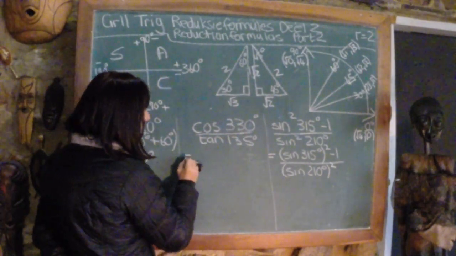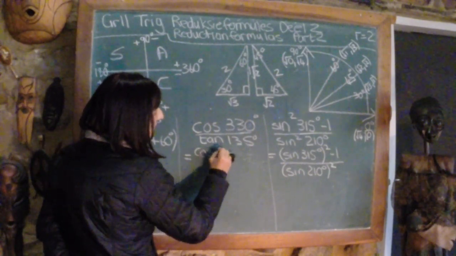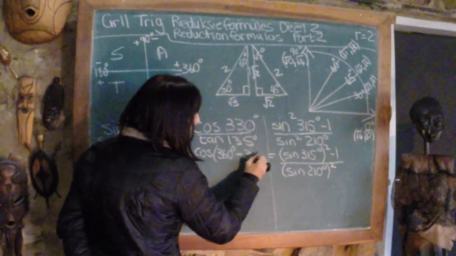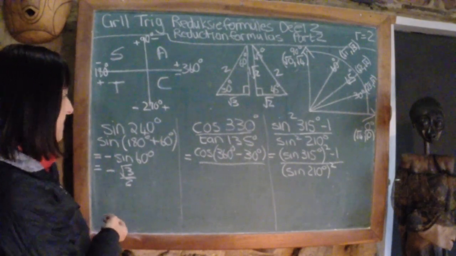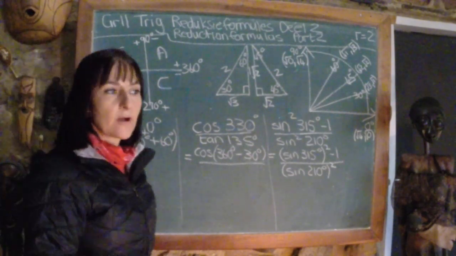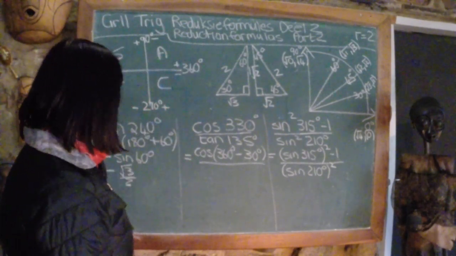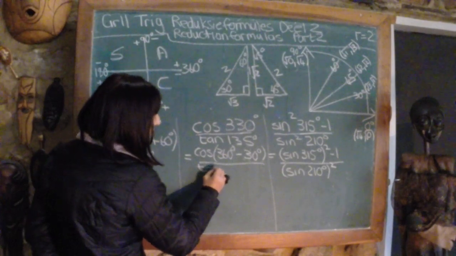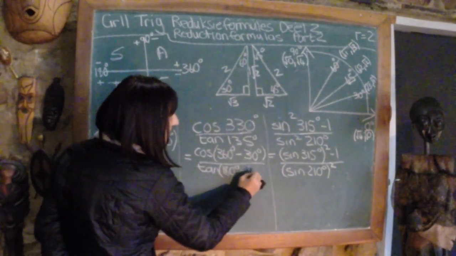Die kos van 330 kan ons verander na die kos van 360 minus 30. Remember my reduction formulas, 180 plus minus, 360 plus minus. My cofunctions is 90 plus minus en 270 plus minus. So ons kan ons dan gaan verander na 180 grade minus 45 grade.